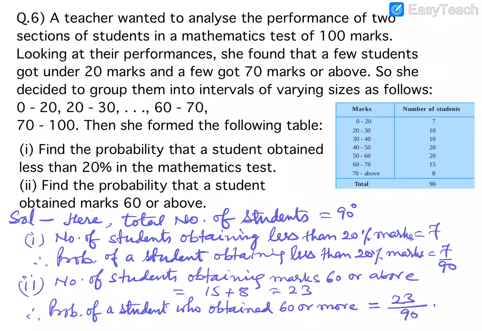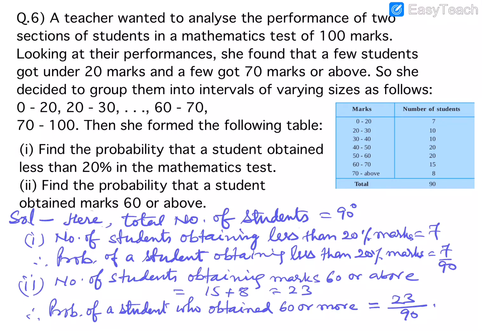In question number 6 of the exercise 15.1, it is given that refer to table 14.7 of chapter 14, which is as mentioned here. A teacher wanted to analyze the performance of two sections of students in a mathematics test out of 100 marks.